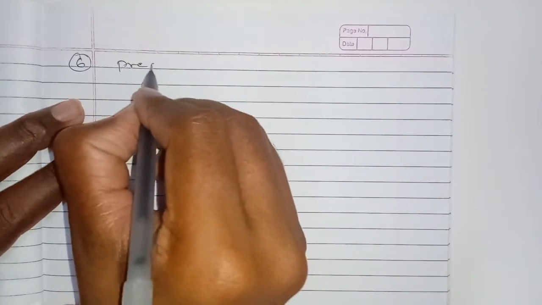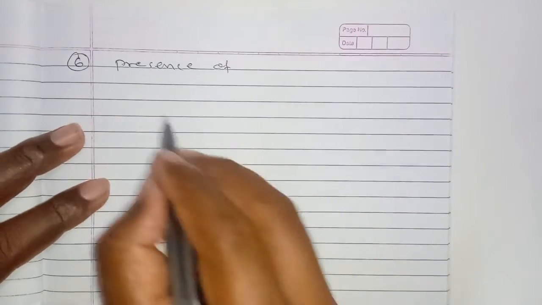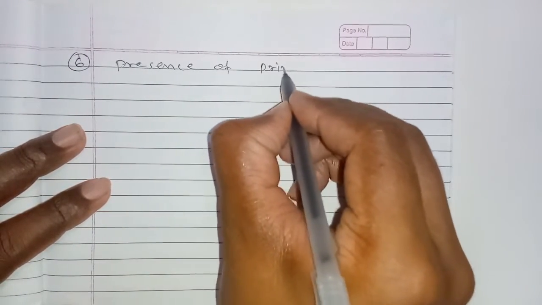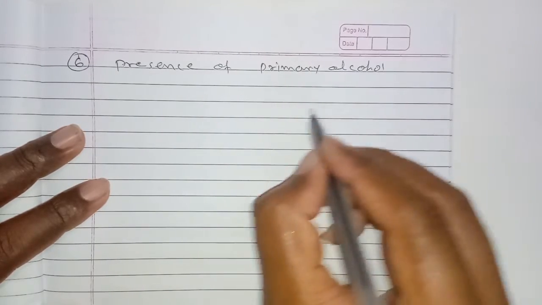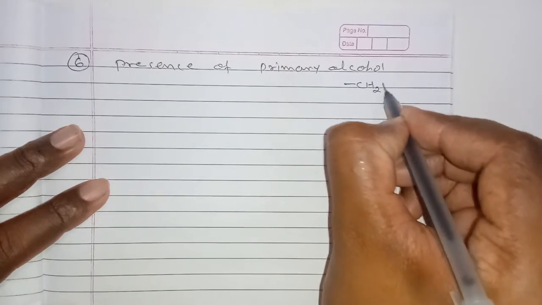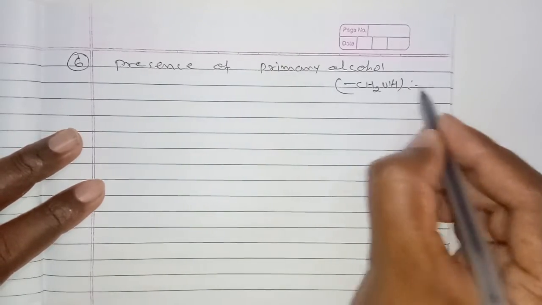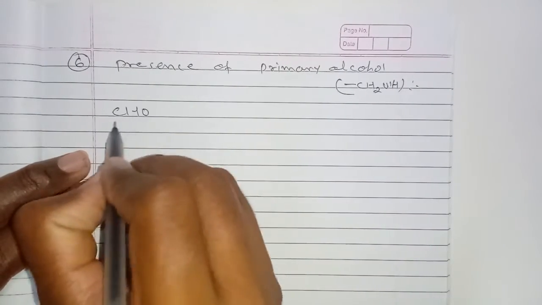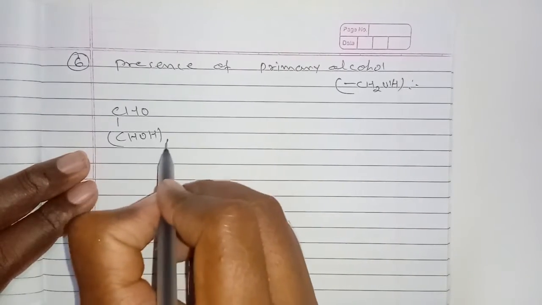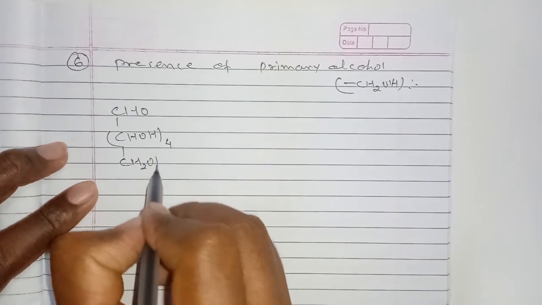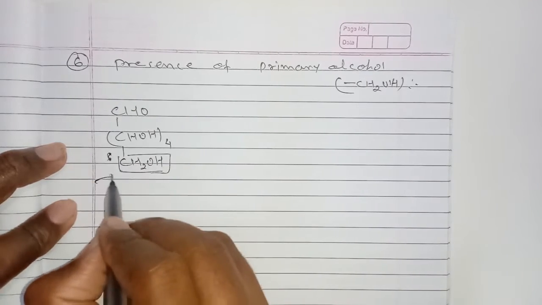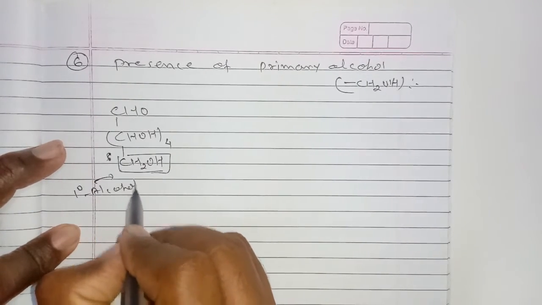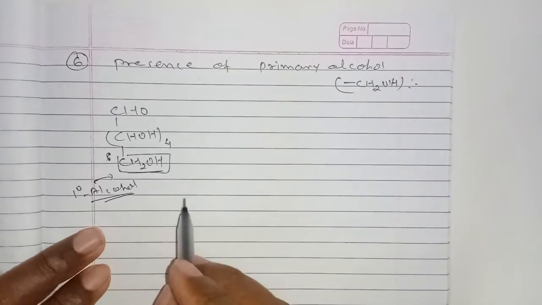And the last is the presence of a primary alcohol, CH2OH. Here in the glucose structure, CH2OH at carbon 6 is a primary alcohol.